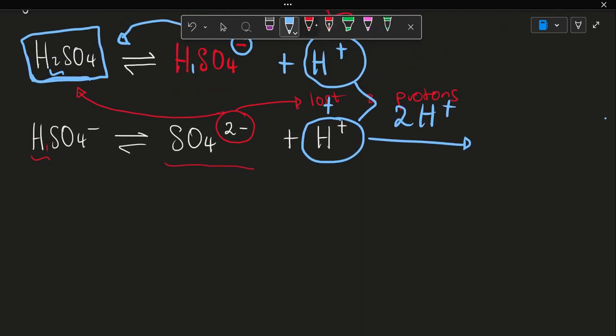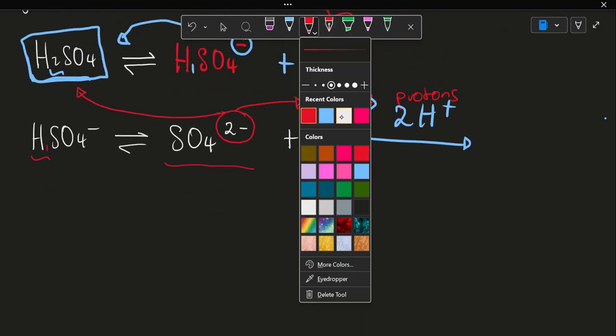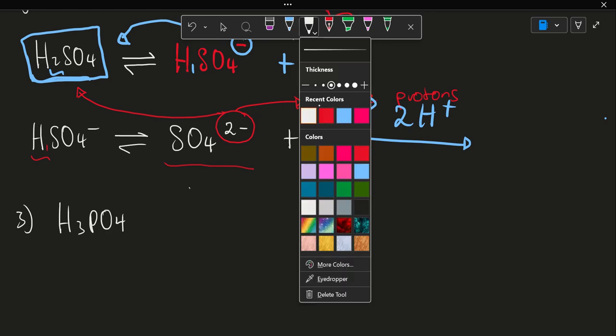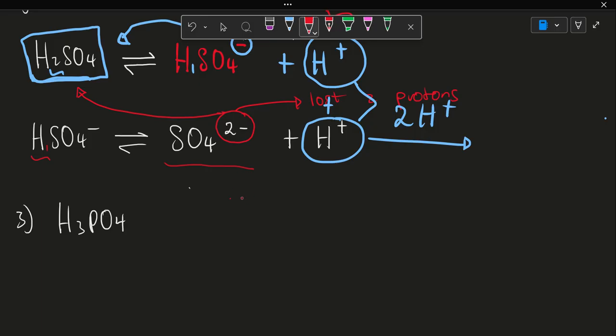Okay, class. Now, what then do we look at? We look at number 3. Remember, the number of hydrogen atoms in a substance tells you how many protons it can lose. So I have H3PO4. I then notice something. What do you notice according to the number of protons?